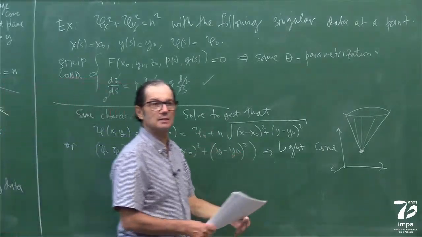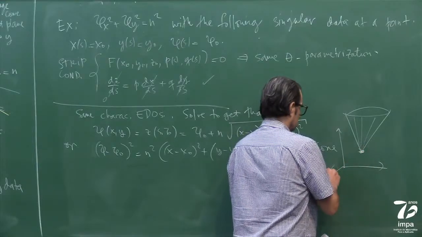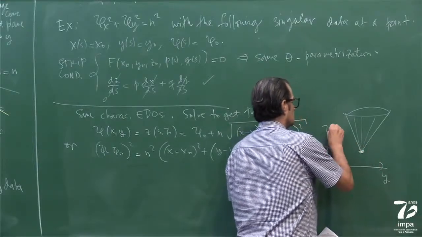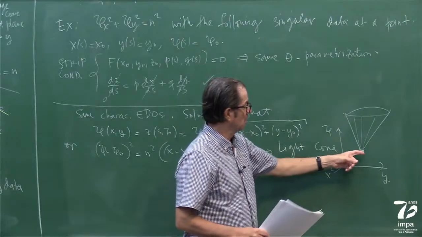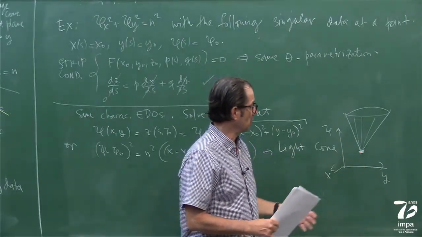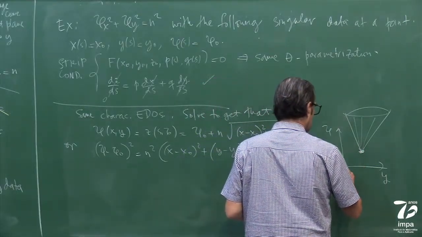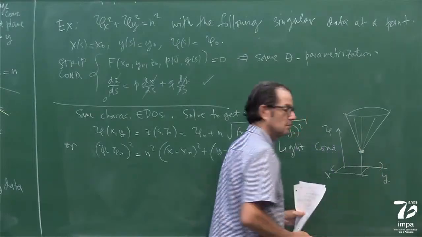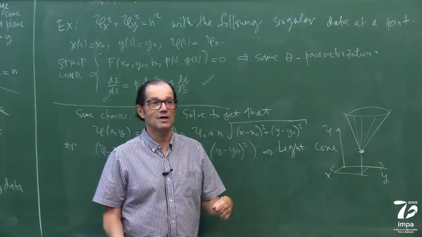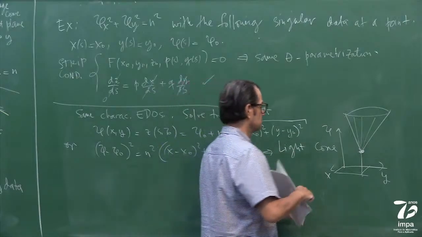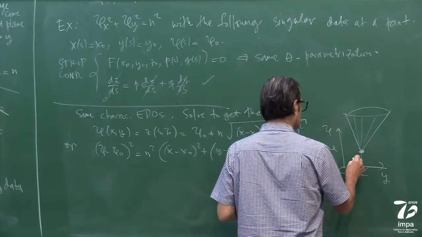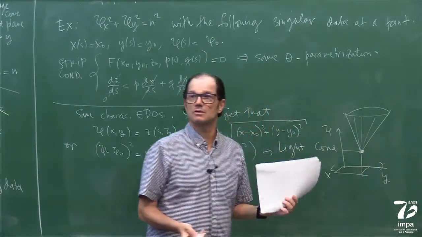And we get exactly something that looked like our light cone now at x0, y0, z0, right? This is sort of the level z0, right?